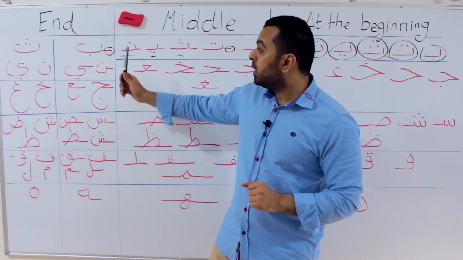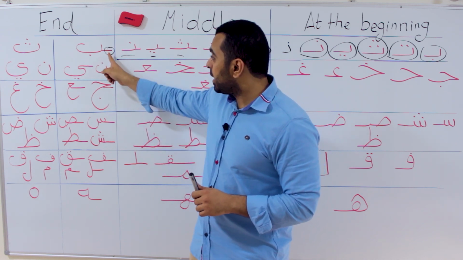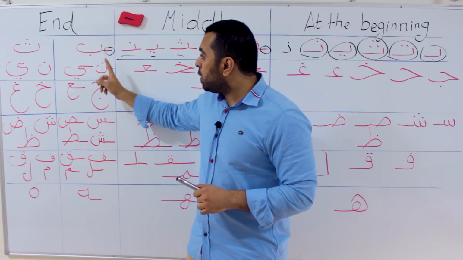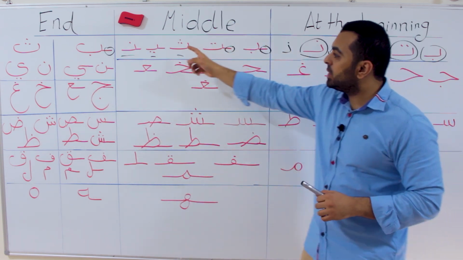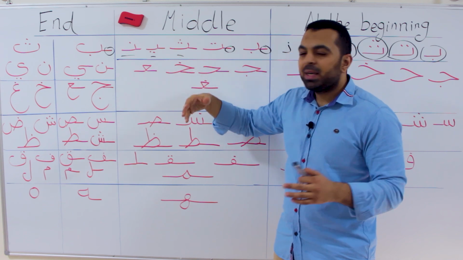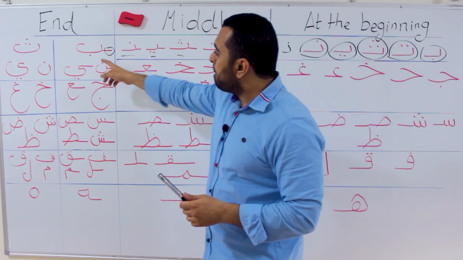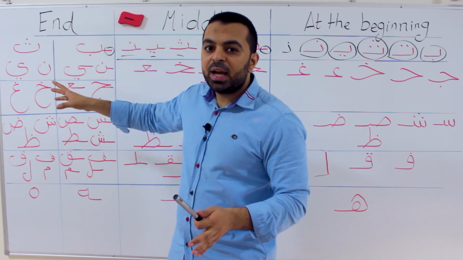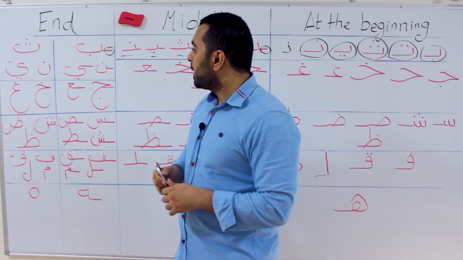So, this is ba at the end connected from this tail. And also, I didn't write ta and sa because it's the same, you know, alif, ba, ta, sa. So, ba, exactly, you will find ta like ba, so also sa.